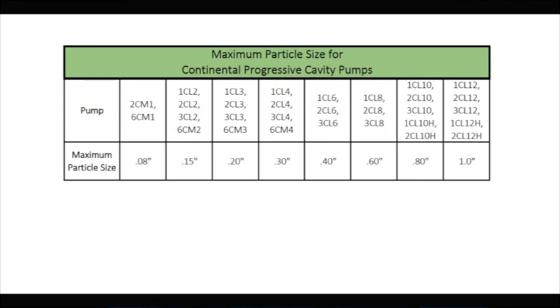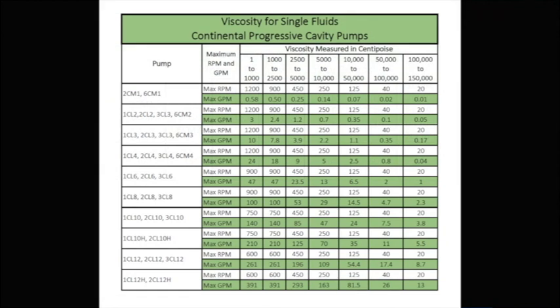So now we're going to jump over to table 2, and here we're going to talk about the viscosity and how the viscosity is going to change or regulate the speed and flow of our pump. For an example, we're going to go to the pump frame size on the left hand side. We're going to slide down and select where it states 1 CL6 through 3 CL6.